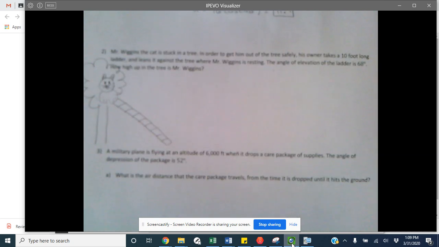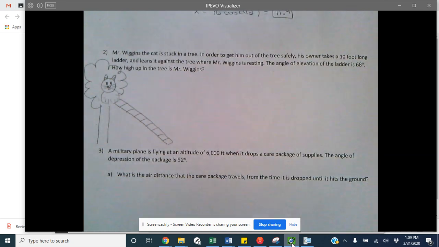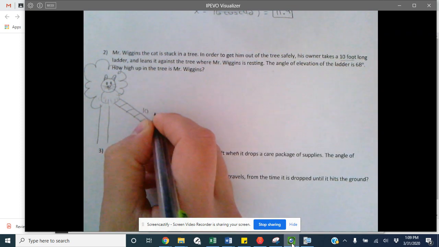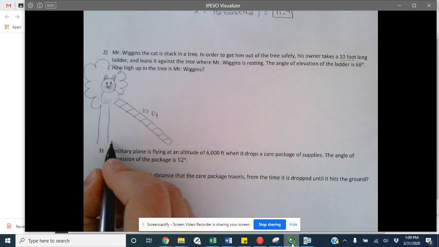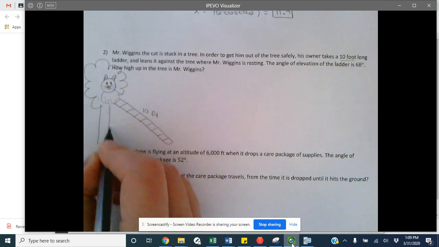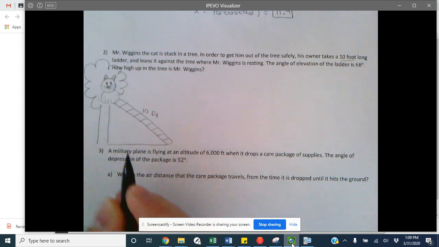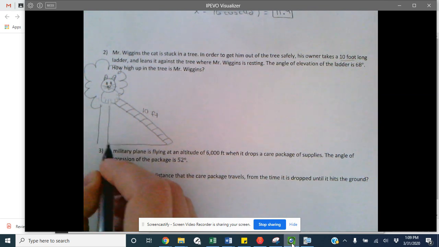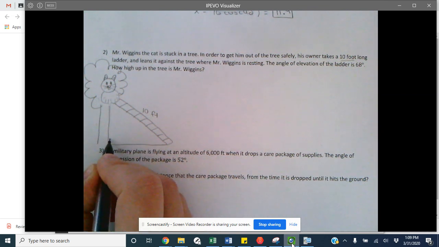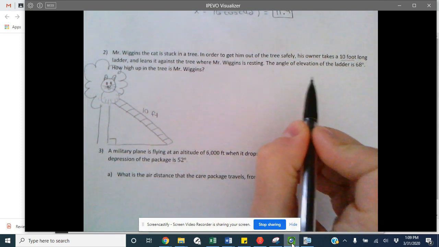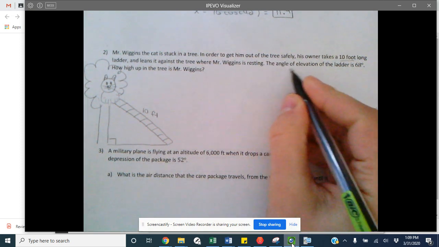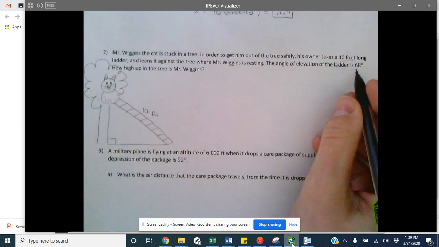All right. Now, we know that the ladder is 10 feet long. So let's go ahead and label that 10 feet. Now, we can kind of see that we have a right triangle here because the tree is vertical and the ground is horizontal. So there's our right angle. Now, the next piece of information that they tell us is the angle of elevation of the ladder.